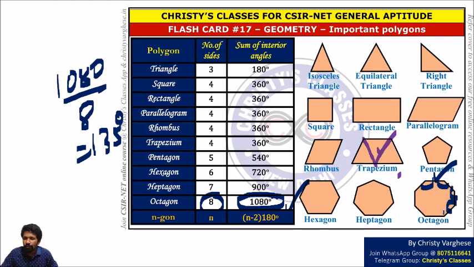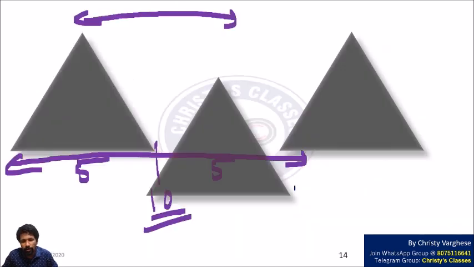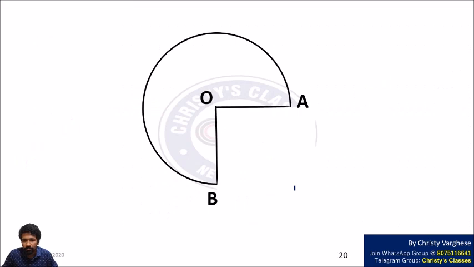You cannot create 360 degrees with 135s, because 135 is not a factor. 135 into 2 is 270, and 135 into 3 is more than 360. That is why regular octagonal tiling is not possible.